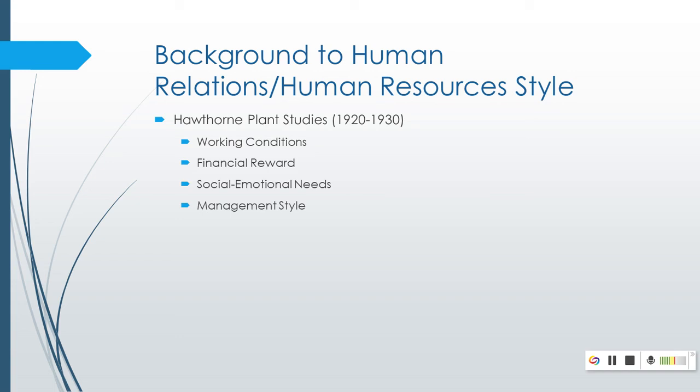They wanted to improve production, improve efficiency, so they were studying ways that they could do that. So they looked at 4 things. They looked at working conditions, things like lighting, believe it or not, or the atmosphere in the room. They looked at financial rewards, of course.